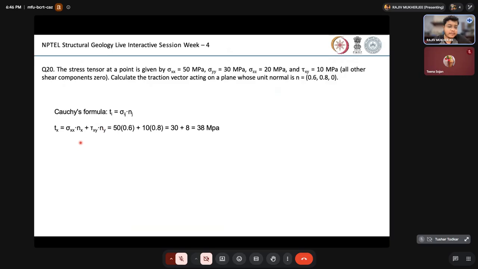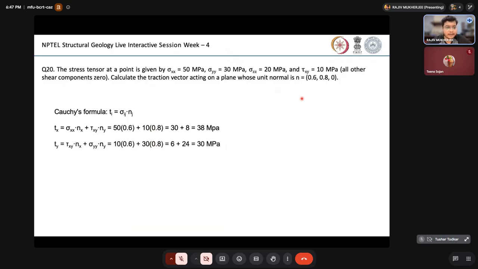You take the dot product between the unit vector and the stress given. So it will be 50 times 0.6, because 0.6 is the unit normal value along x, and the unit normal value along y is 0.8, and for z it is 0, right?